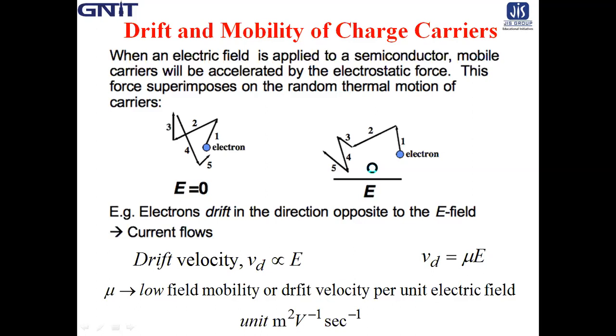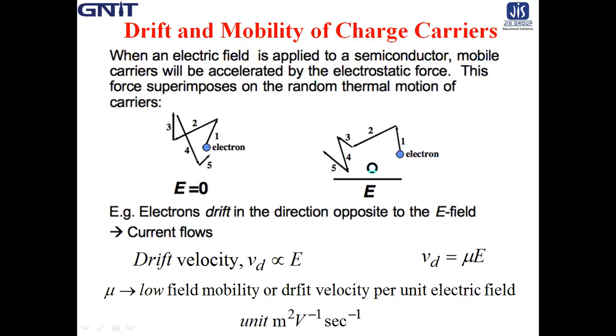And the steady value attained by the charge carriers in drift motion after a certain time is basically called drift velocity. The net drift of charge carriers gives rise to a drift current.